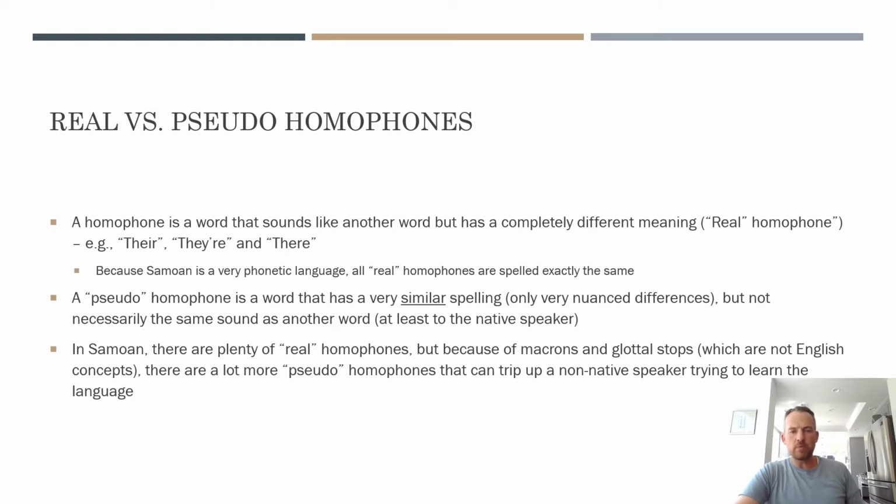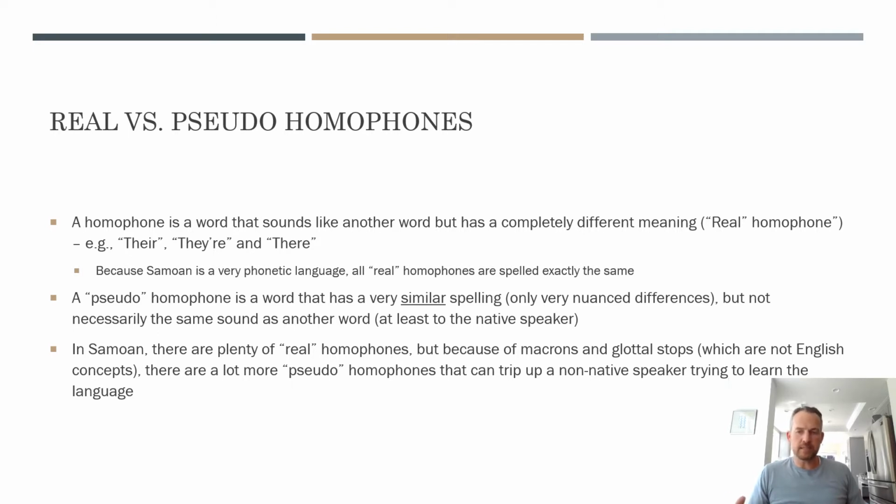A pseudo homophone is a word that has a very similar spelling, or maybe a similar sound, or maybe there are very nuanced differences in the pronunciation, but to the non-native speaker, they might sound exactly the same, even though they're different.